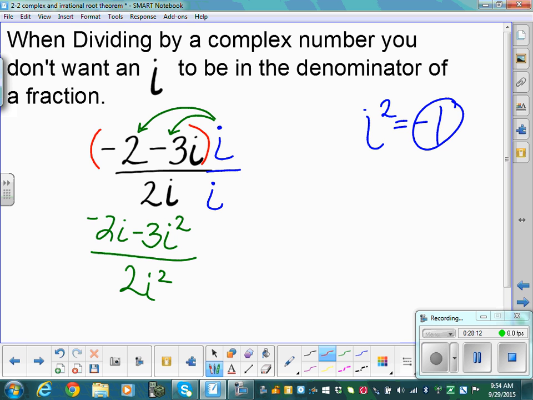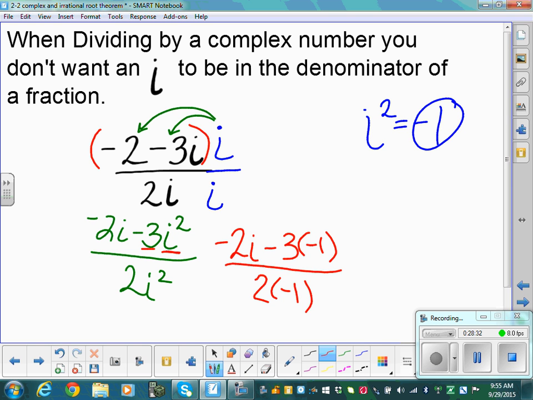So what we really have is negative 2i minus 3 times what? Negative 1. Does everybody see how this is negative 3 times i squared? Same thing as negative 3 times negative 1. And that's all over 2 times i squared, so that's 2 times negative 1. Questions on what I did?